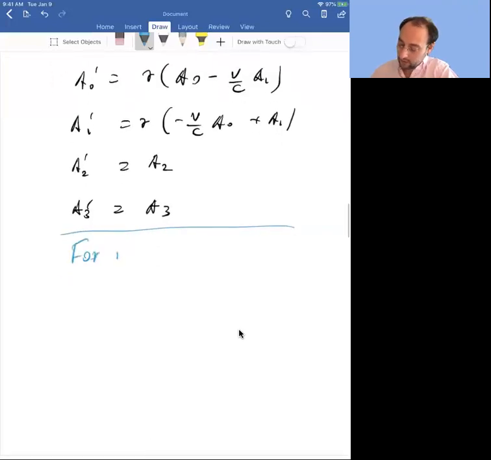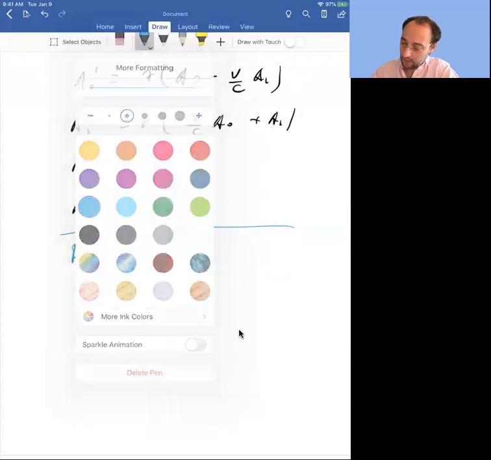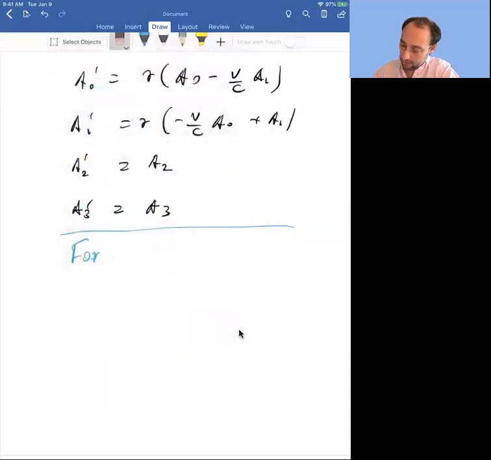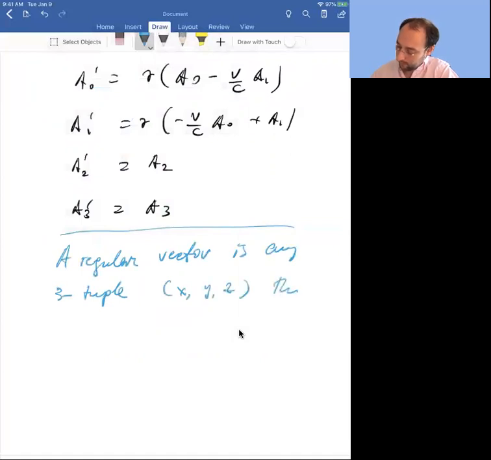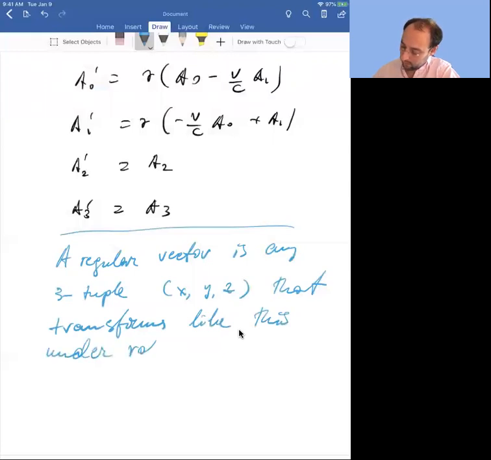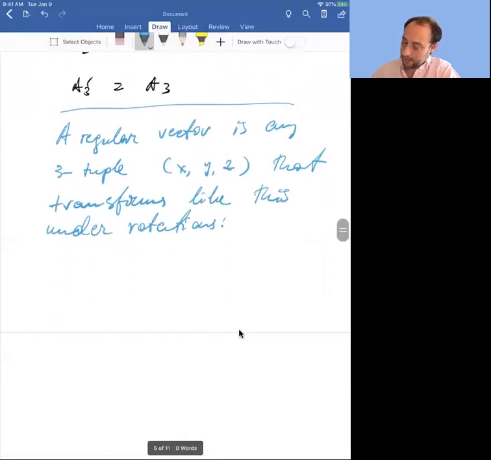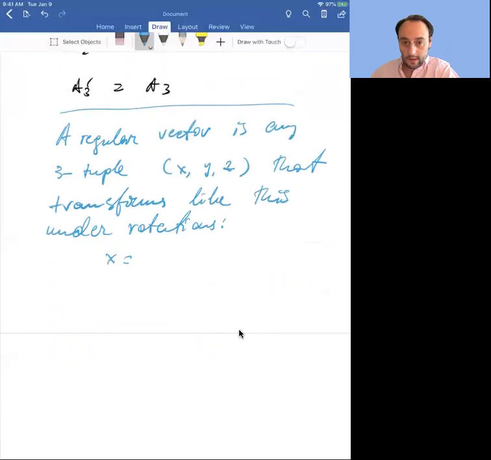So for rotations, the transformation is x equals x prime cosine of theta, where theta is the angle by which a coordinate system is rotated, minus y prime sine of theta.